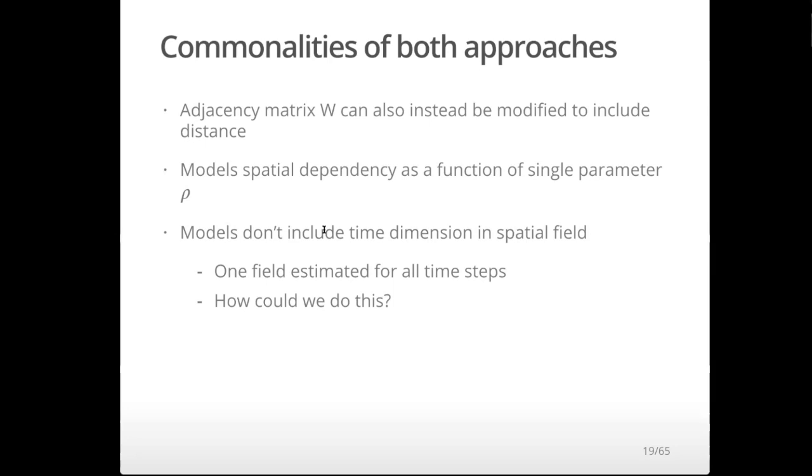So we could have phi drawn from i equals 1 to t, where t was the number of years that we might have for our spatio-temporal data. This could be a lot more complicated. Most CAR applications and most CAR packages that you can work with are just going to have the option of using the single spatial field.